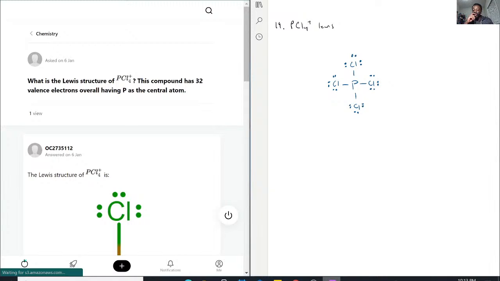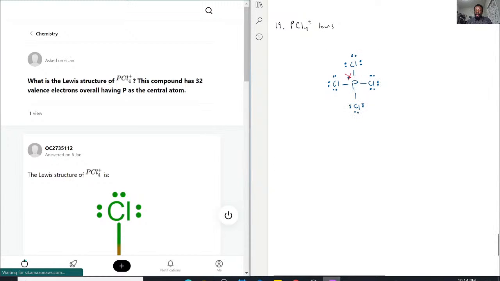So it's looking like a really good start so far. But phosphorus, on the other hand, is sharing 4 of its 5. So we just have this lone unpaired electron. But, funny enough, we have a plus. The plus means we get rid of an electron. What better electron to get rid of than the lone unpaired electron? So we're going to get rid of that.